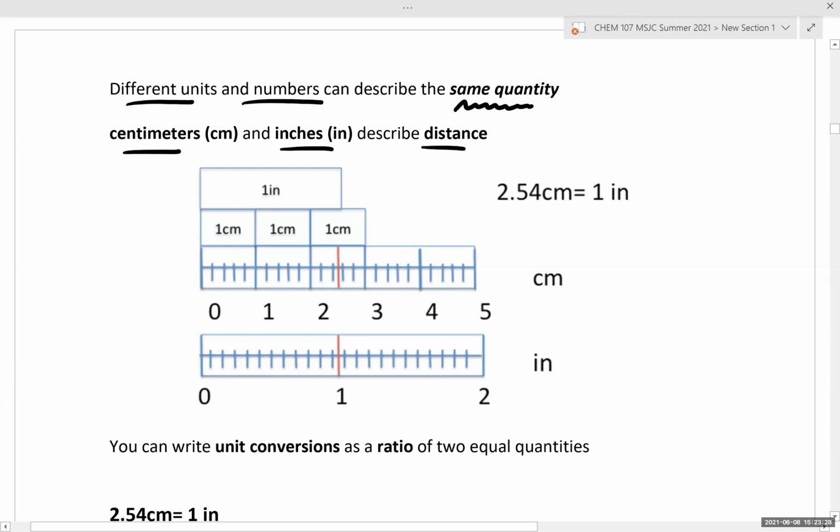If we measure this same quantity of distance, same length, we see that in the centimeter ruler, we get 2.54 centimeters. And that distance corresponds in our inch ruler to 1 inch. So we've established that these two quantities are equal. 2.54 centimeters is the same distance as 1 inch, right? Does everyone see that on the ruler? Does that idea make sense?